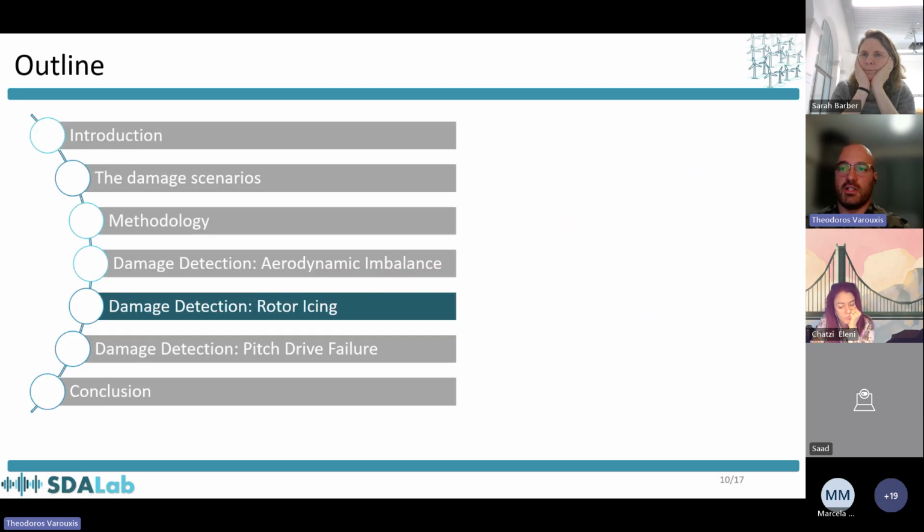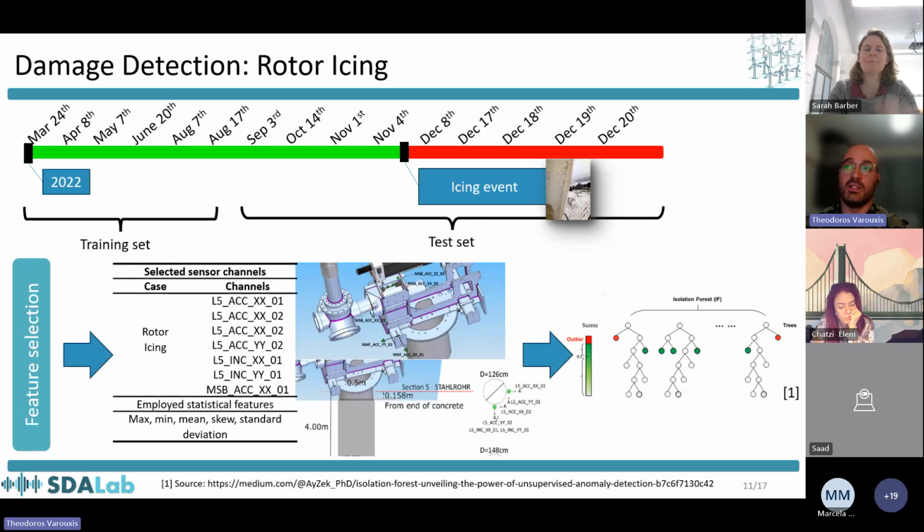Now, moving to rotor icing, we did exactly the same process where we considered the data before the icing event to correspond to the healthy state of the structure and the data after to correspond to the damage state. So again, with a similar split, we decided to use the data from March 24th up until August 17th for the training set of the algorithm, and then the data from September 3rd up until December 20th for the test part of the algorithm.